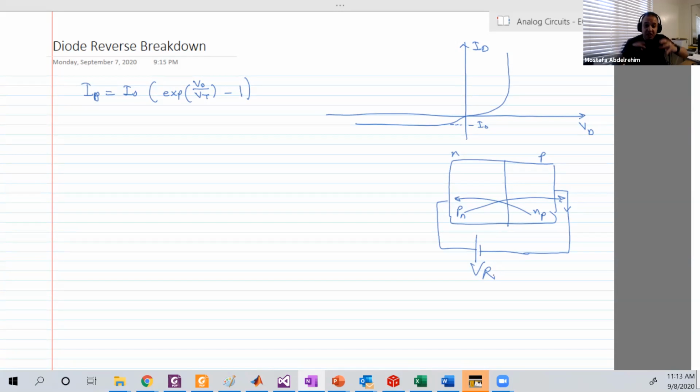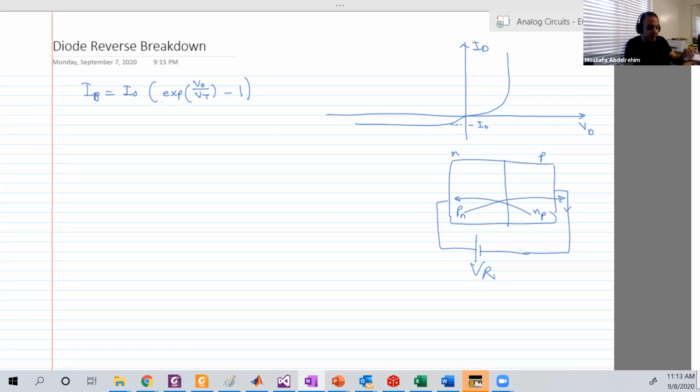And remember, if you increase the voltage, you are increasing the velocity of the carrier. If you go back to our previous lecture, you will find that the current is directly proportional to the velocity. So if you increase the velocity, you increase the current, because more charges are passing through in the same time.